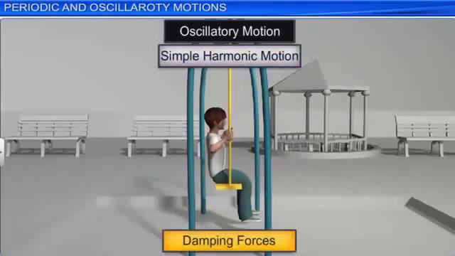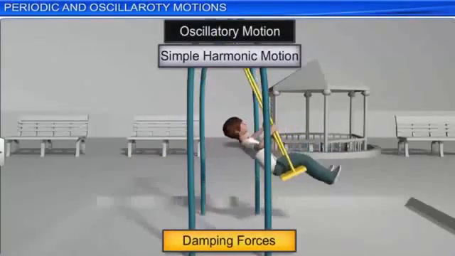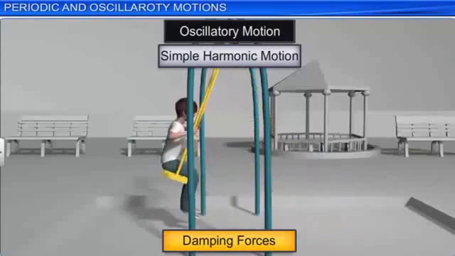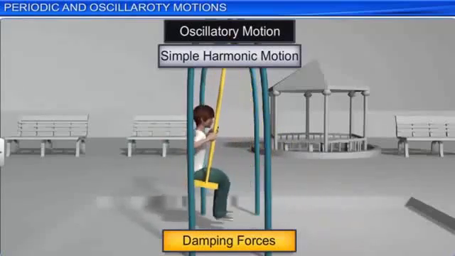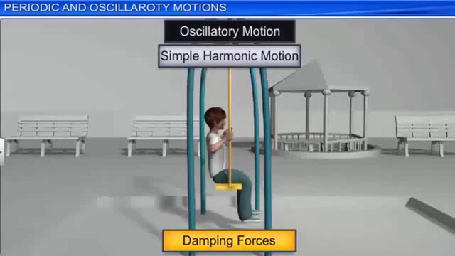The energy of the oscillating bodies dissipates due to the damping forces, and hence the oscillating bodies lose energy in the course of time. Hence, the boy swinging on the swing gradually comes to rest.